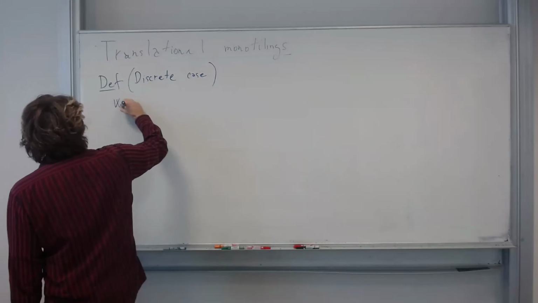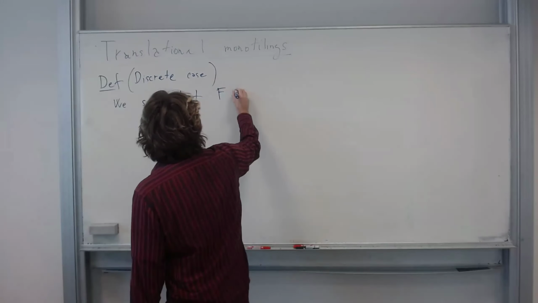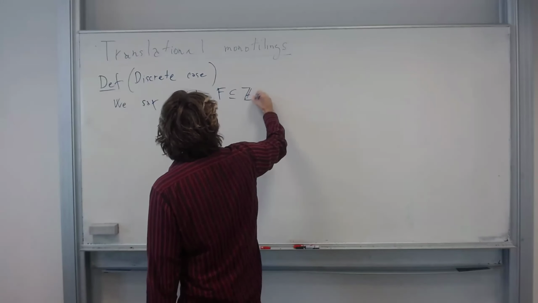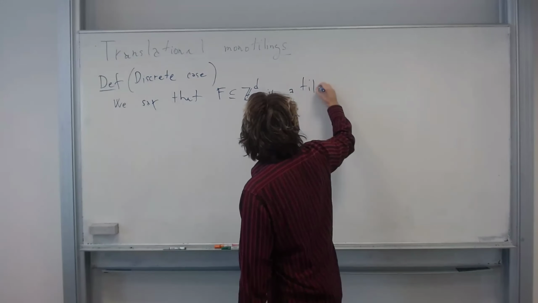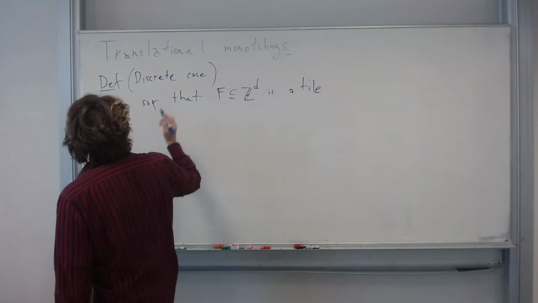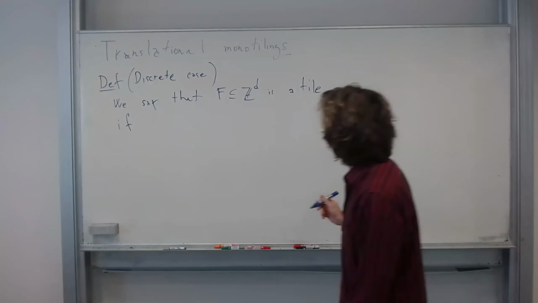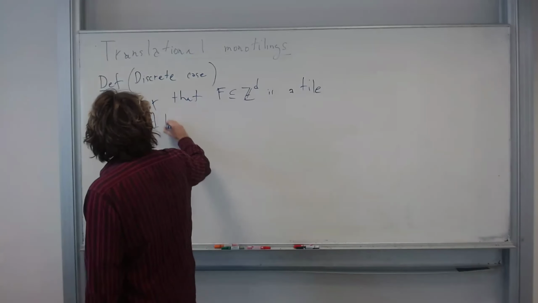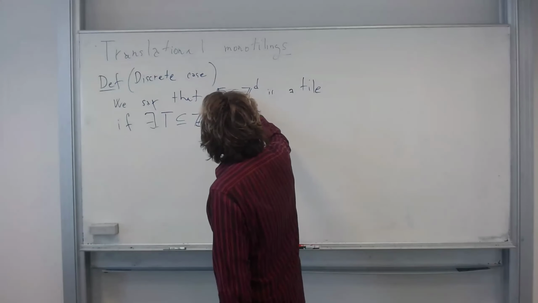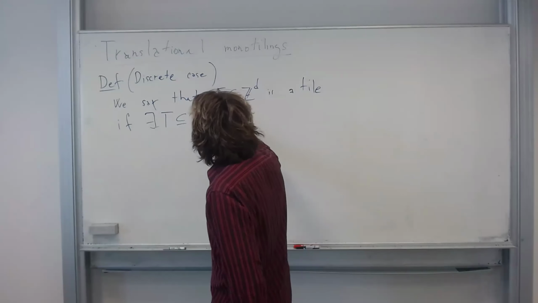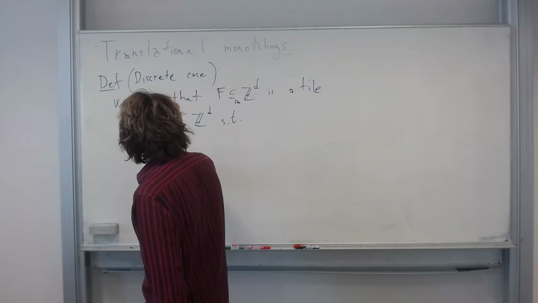So we say that F, which is a finite subset of Z^d, is a tile if there exists something called either a tiling complement or simply a tiling. That is, if there exists T, which is also a subset of Z^d, such that the following equation is satisfied.